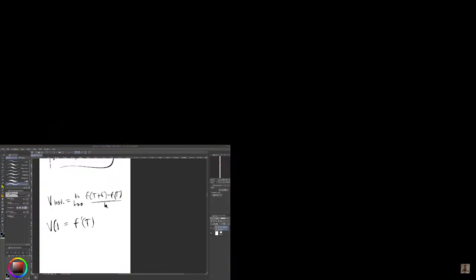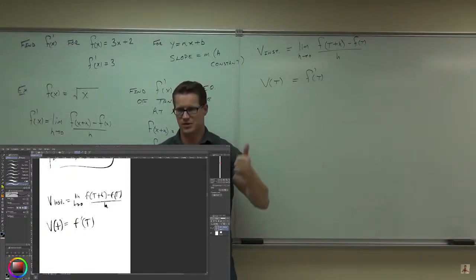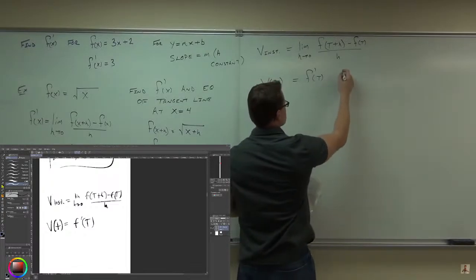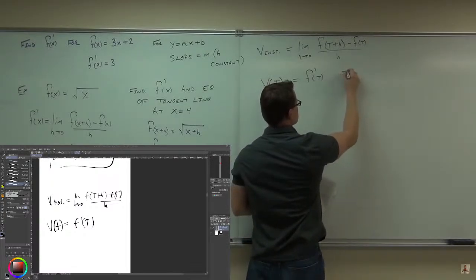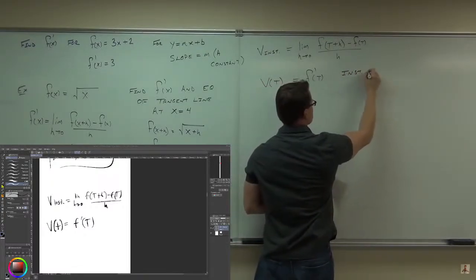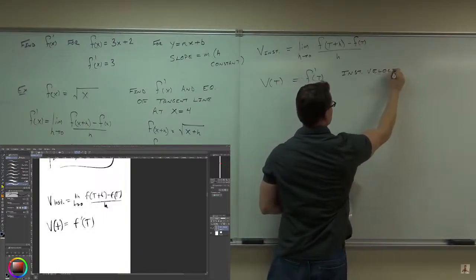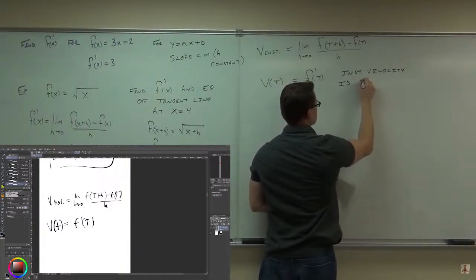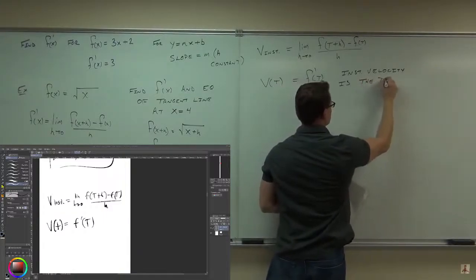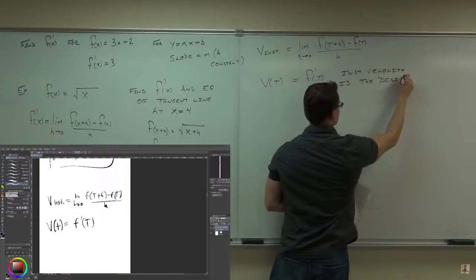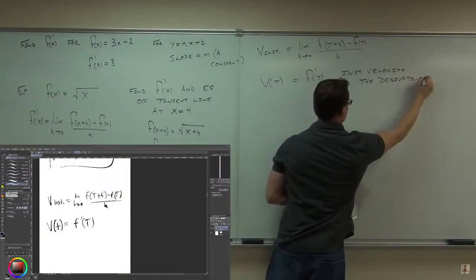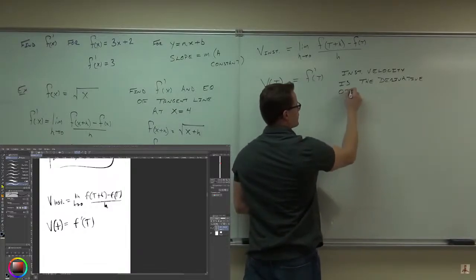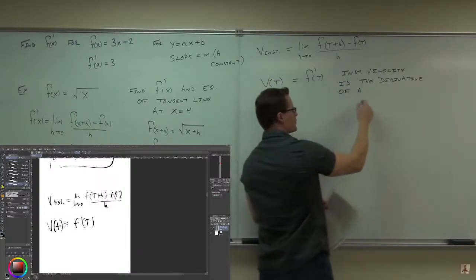Instantaneous velocity is the derivative of a position curve.